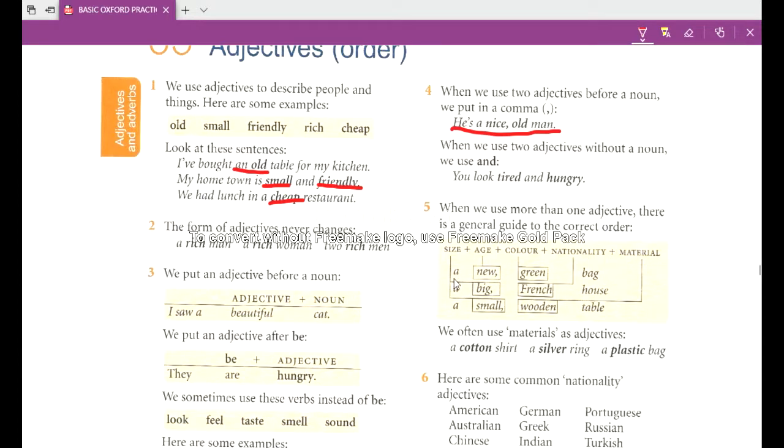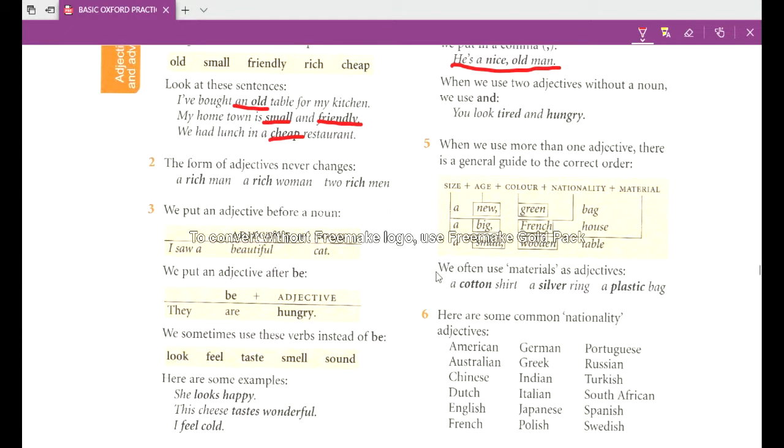So a new green bag, a big French house, a small wooden table. We often use materials as adjectives: a cotton shirt, a silver ring, a plastic bag. Plastic is a material, silver is also a material, cotton is a material.